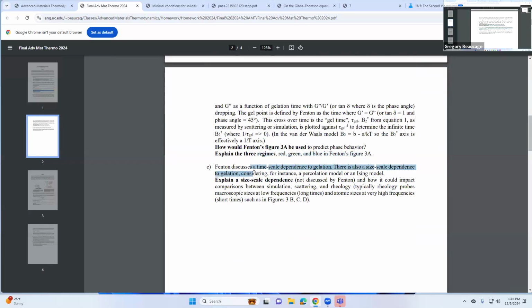E, because there's a time scale dependence to gelation. All right, so this is not in the paper. This is an idea that if you do a simulation, say you have a box, and you're going to have X's and O's in it.